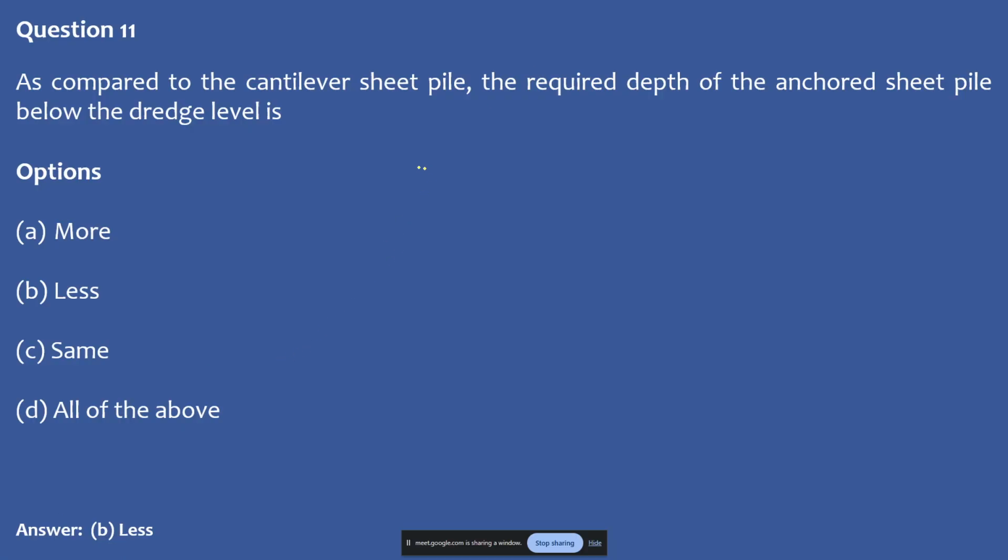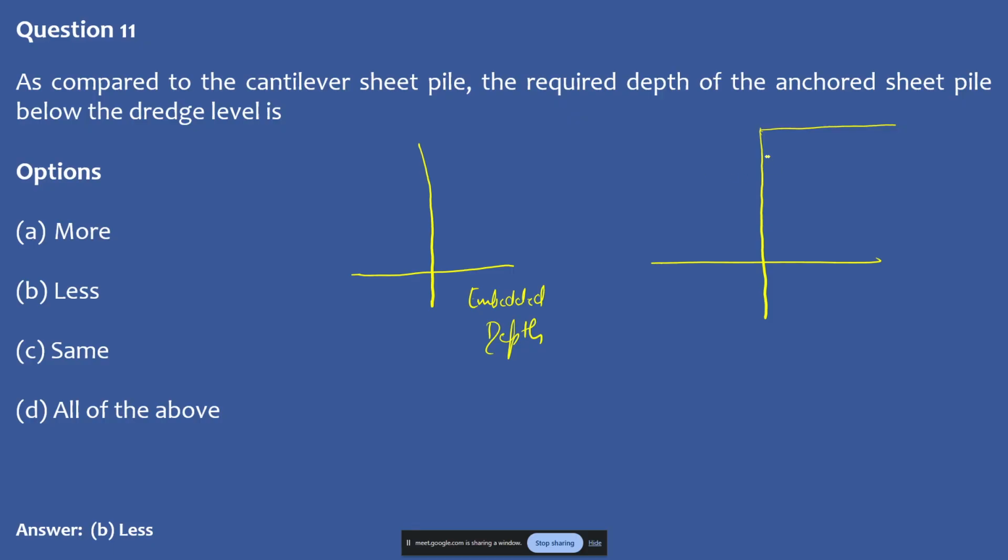Since this is your cantilever support wall, which is supported by the embedment depth, and this is your ground. So when your pile is anchored into the ground, as well as it is embedded into the ground.